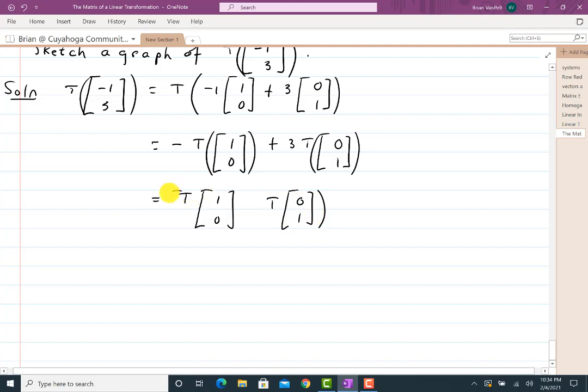Let me do this. This is a matrix now, is what I'm doing. These are columns, right? And that, of course, is times (-1, 3).